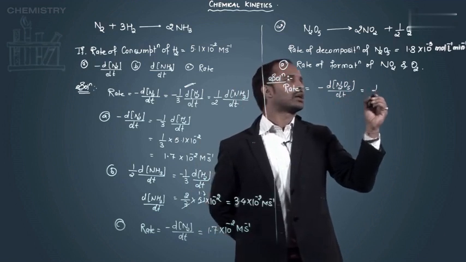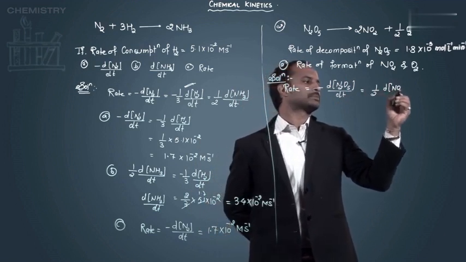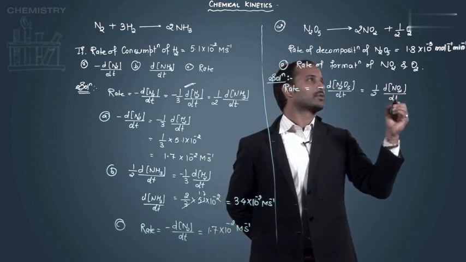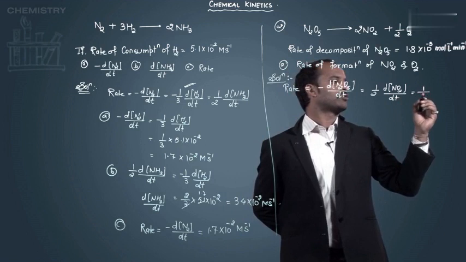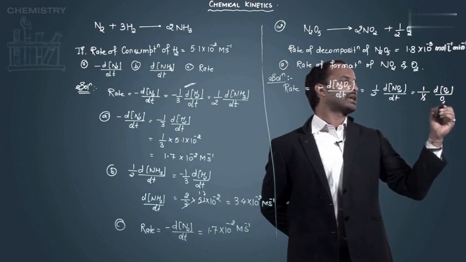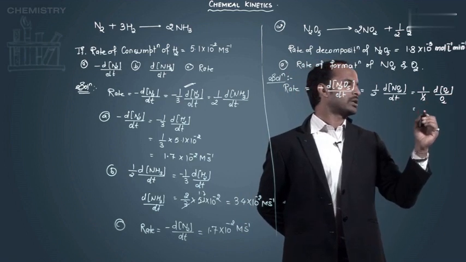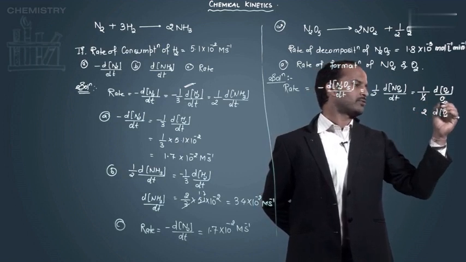It is equal to half of dNO2 by dt, or it is equal to 1 upon 1 by 2 dO2 by dt, or I can say it can also be written as 2 times dO2 by dt, in terms of oxygen.